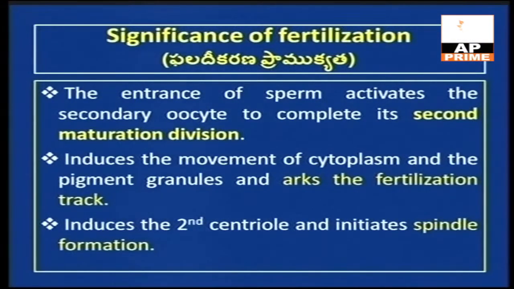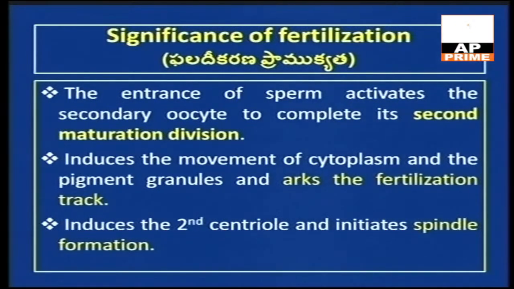When the sperm enters the egg, only after the entry of the spermatozoa into the oocyte does it complete its second maturation division. Up to that, the egg will be in the immature state only. And it induces the movement of cytoplasm and the pigment granules, and it forms the arcs of the fertilization tract.